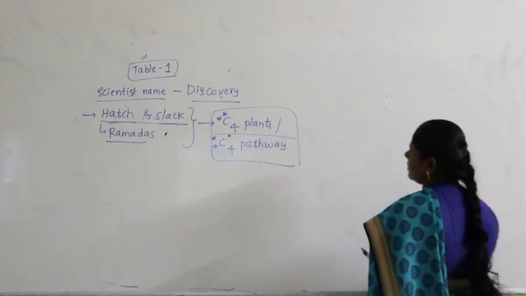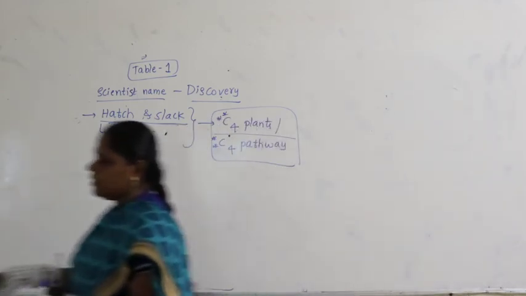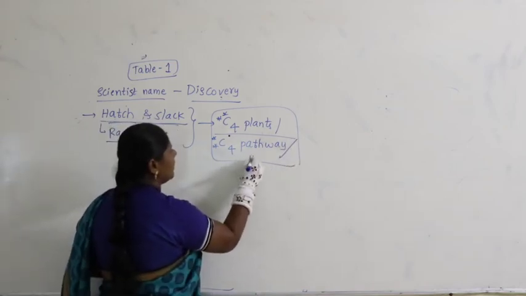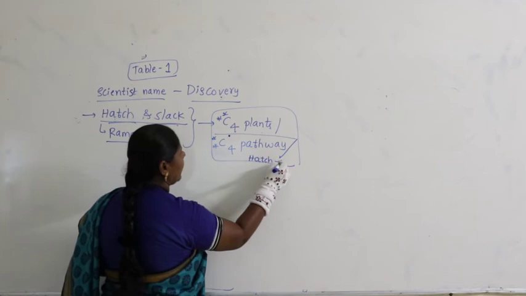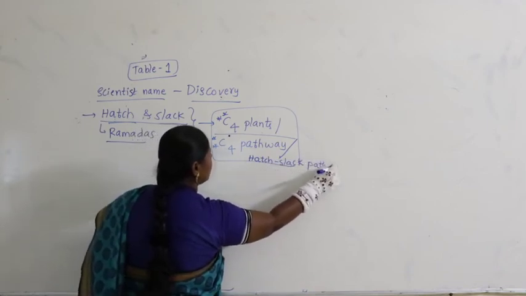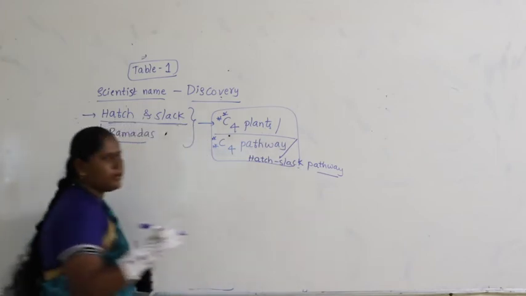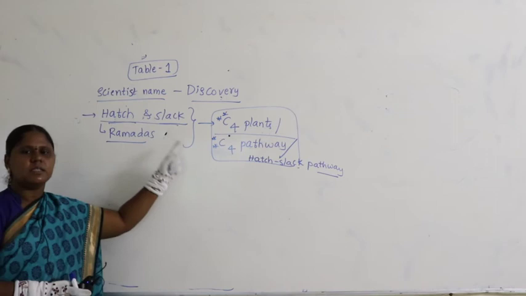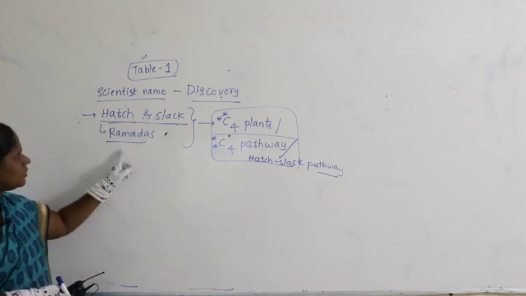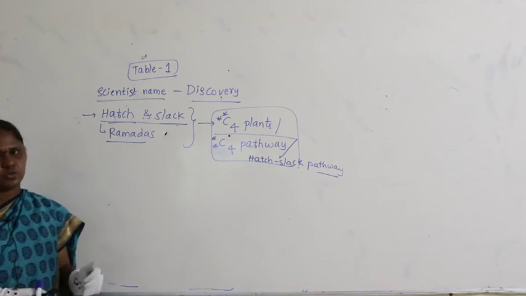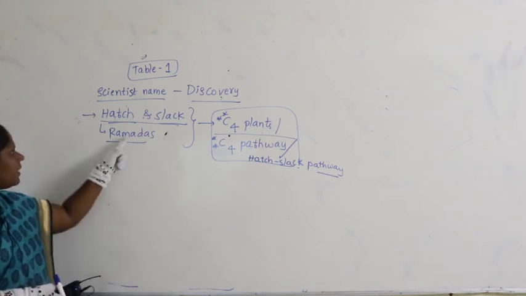They studied C4 plants and the C4 pathway, and that is the reason why this pathway is also called the Hatch-Slack pathway. The C4 pathway is also called the Hatch-Slack pathway because Hatch and Slack studied it, and later, in extension of the research work, it was also studied by Ramadas.